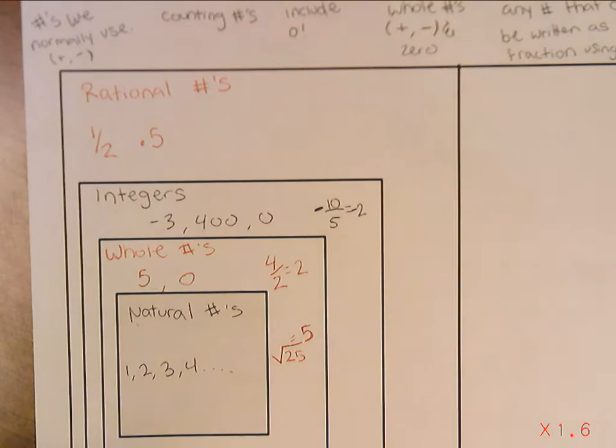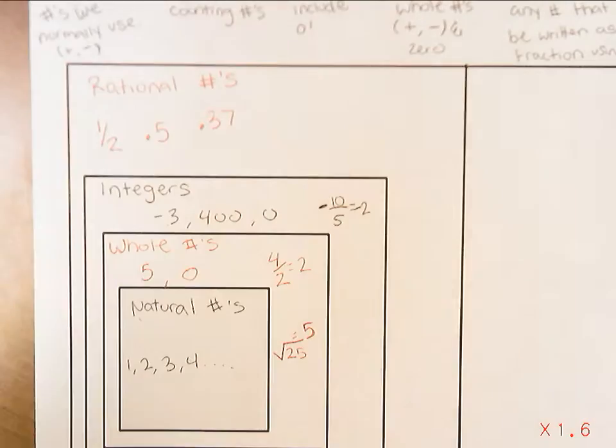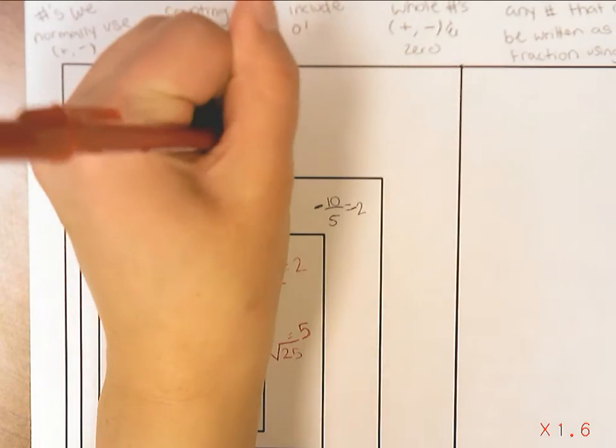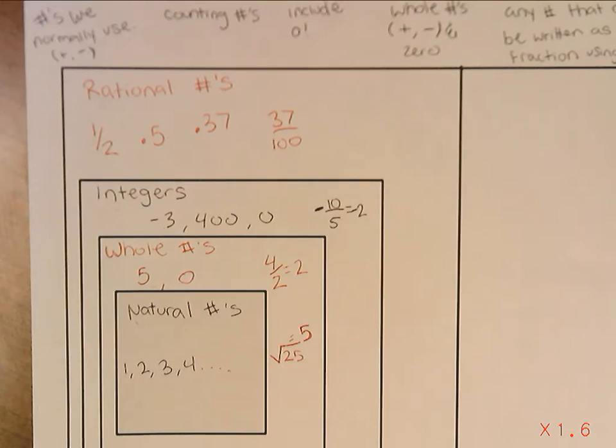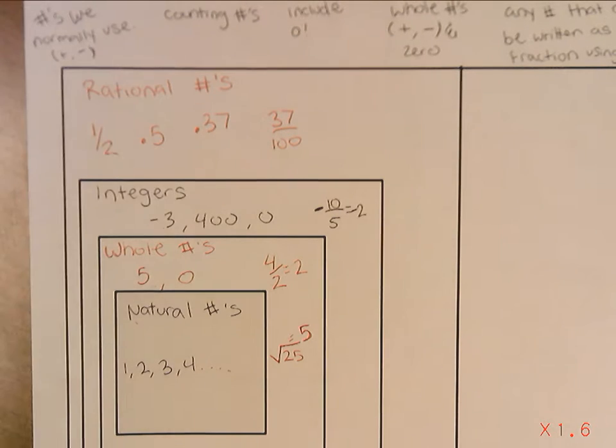And so you have 1/2, 0.5, 0.37 is rational because that would be 37 over 100. So see how decimals can be rational as long as they can be written as a fraction.